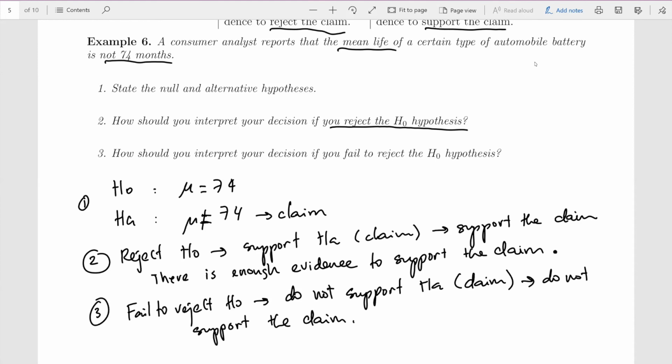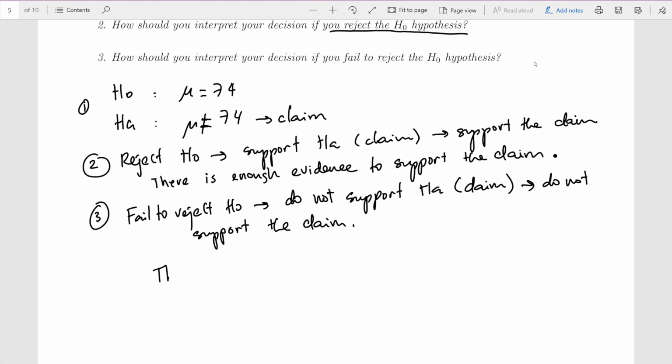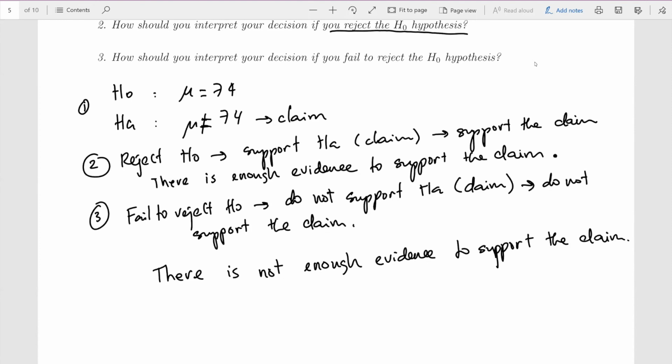So then you can say there is not enough evidence to support the claim that the mean life of a certain battery is not 74 months.